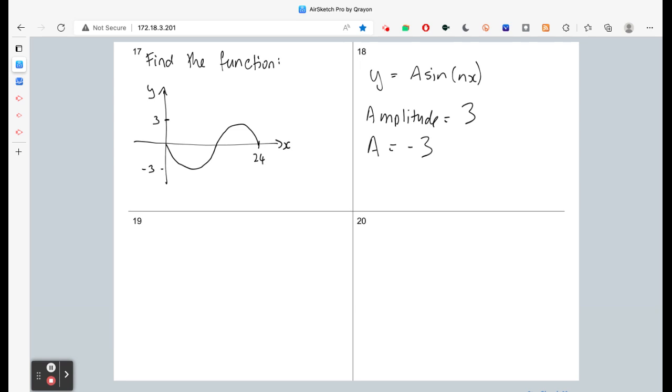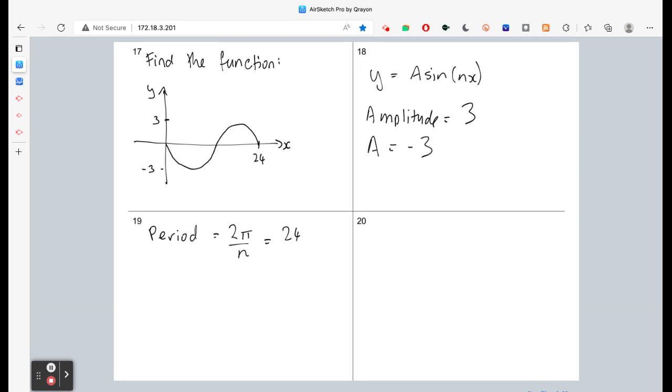Okay, we need to work out what n is. N is related to the period. So when I look at my graph, I can see that it has one period for 24 units. That could be hours, for example. Maybe this is a tidal chart. So I start off by saying the period is equal to 2 pi on n, which is equal to 24.